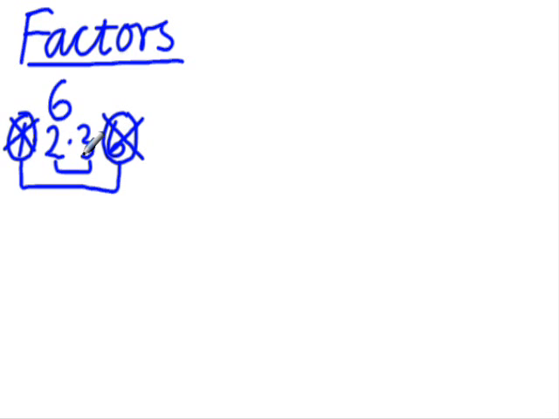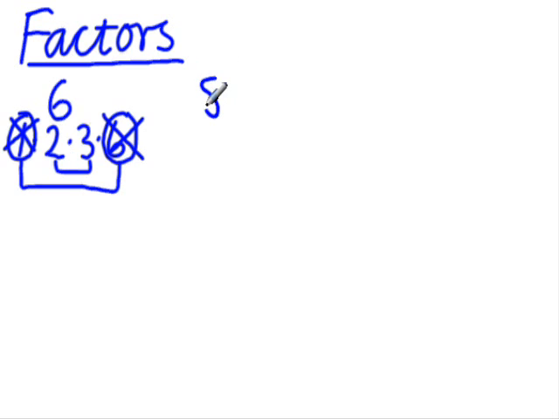It's the 2 and the 3, those factors that we need to look at, specifically the prime factors, the factors that don't have any other factors themselves other than 1 and themselves. The only factors of 2 are 1 and 2, and the only factors of 3 are 1 and 3. So those are called prime numbers, prime factors of 6.